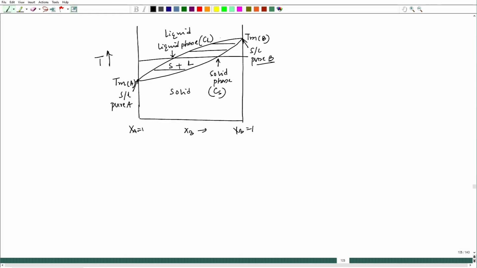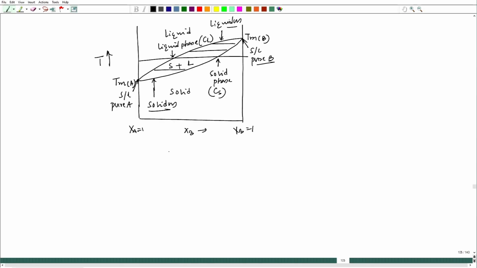Okay. This particular upper line we call the liquidus and this lower line we call the solidus. These are the pieces of information we can get out of it. In fact, we can also get one more piece of information, the fraction of solid and liquid phase in the two-phase zone.